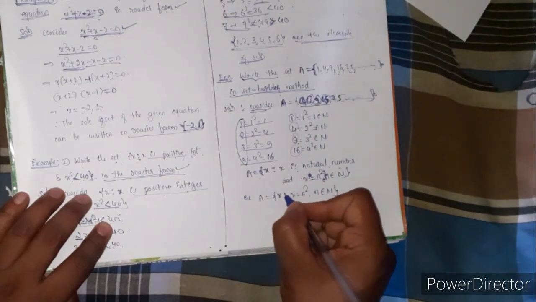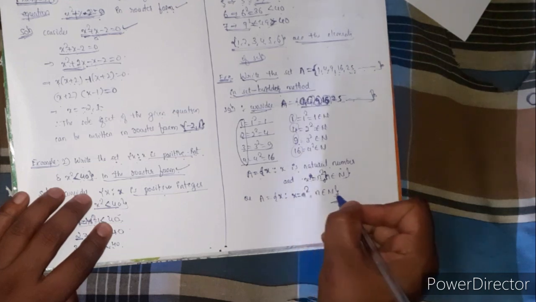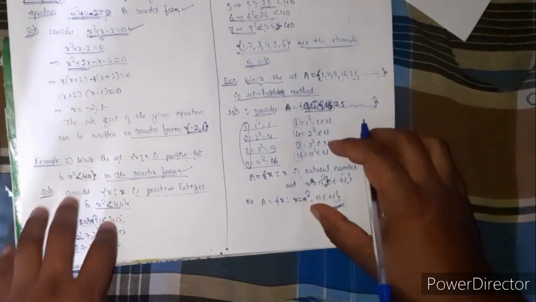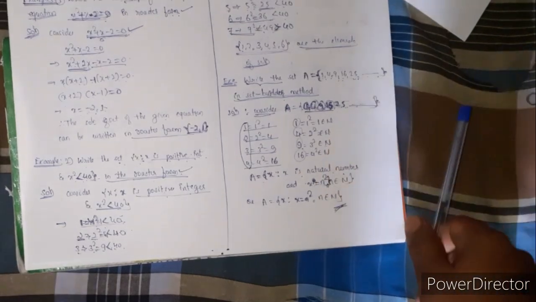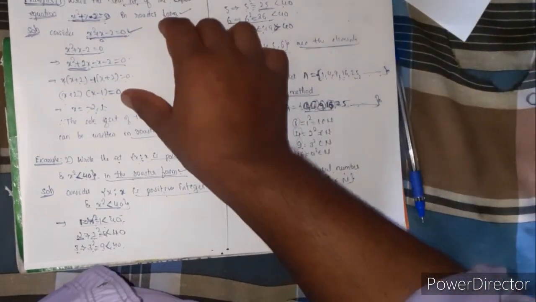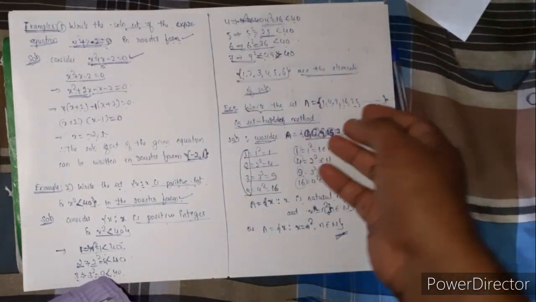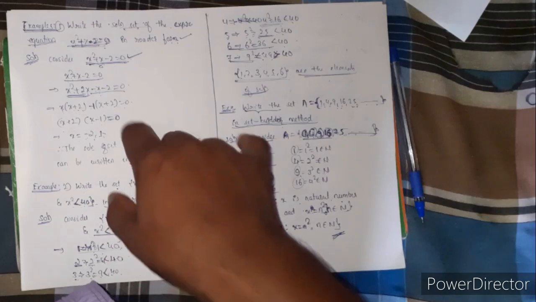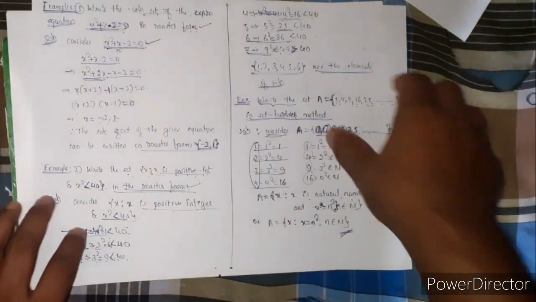With this we come to know we can easily write roster form in set builder method and set builder method in roster form. This is the advantage of writing the sets.